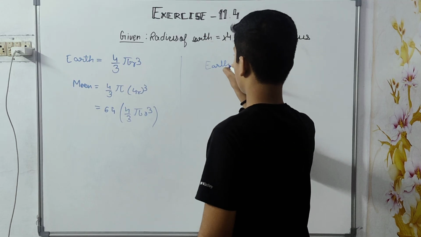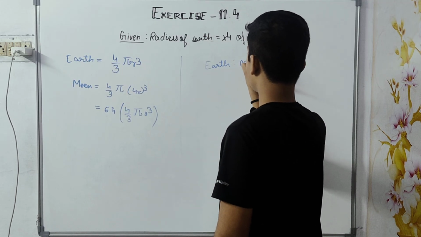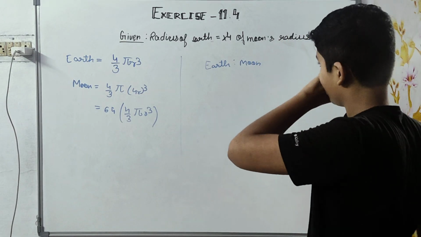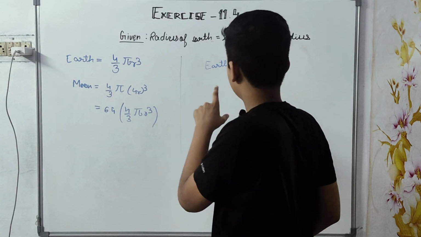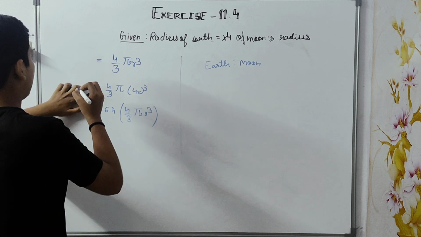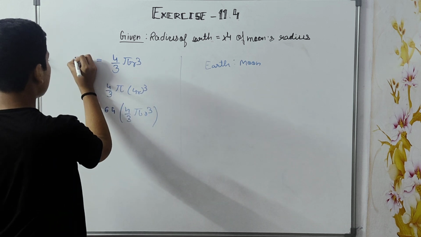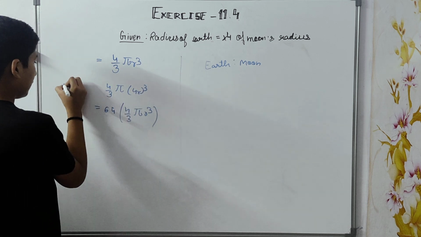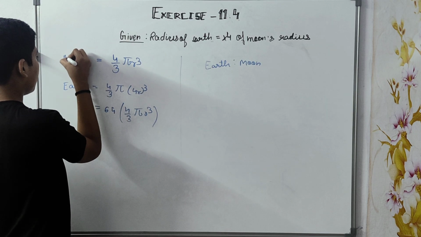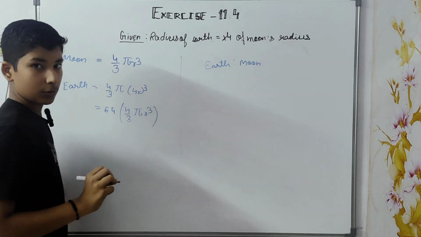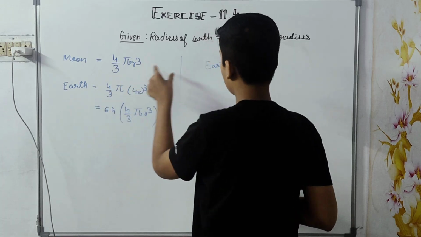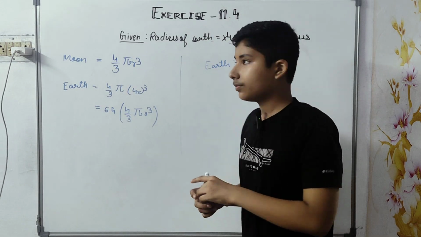Earth is to Moon. The Moon's radius is r, so Earth's radius will be 4 times, meaning 4r.